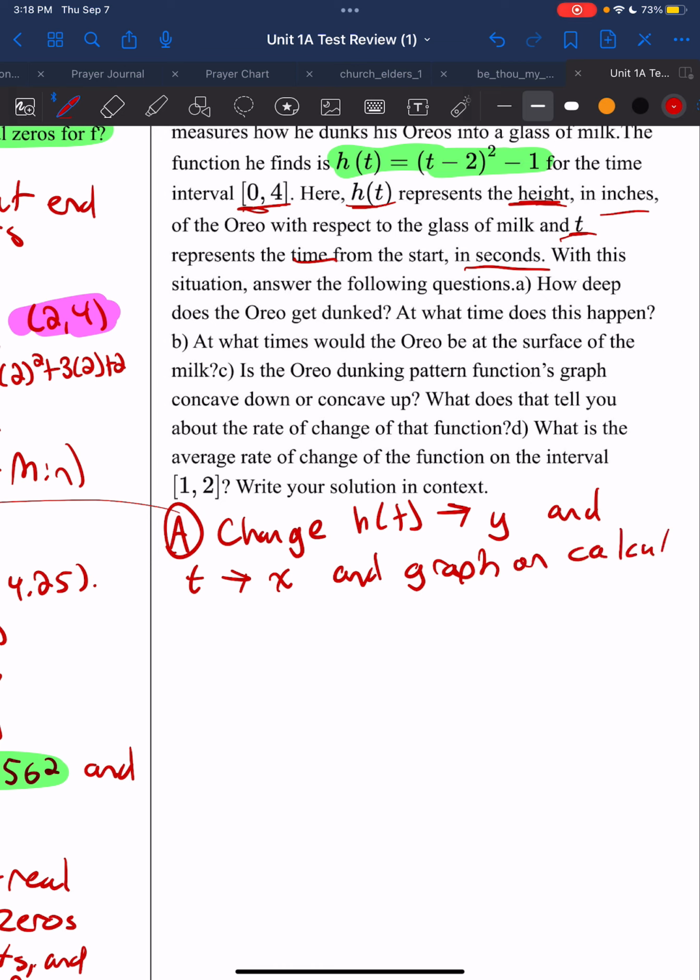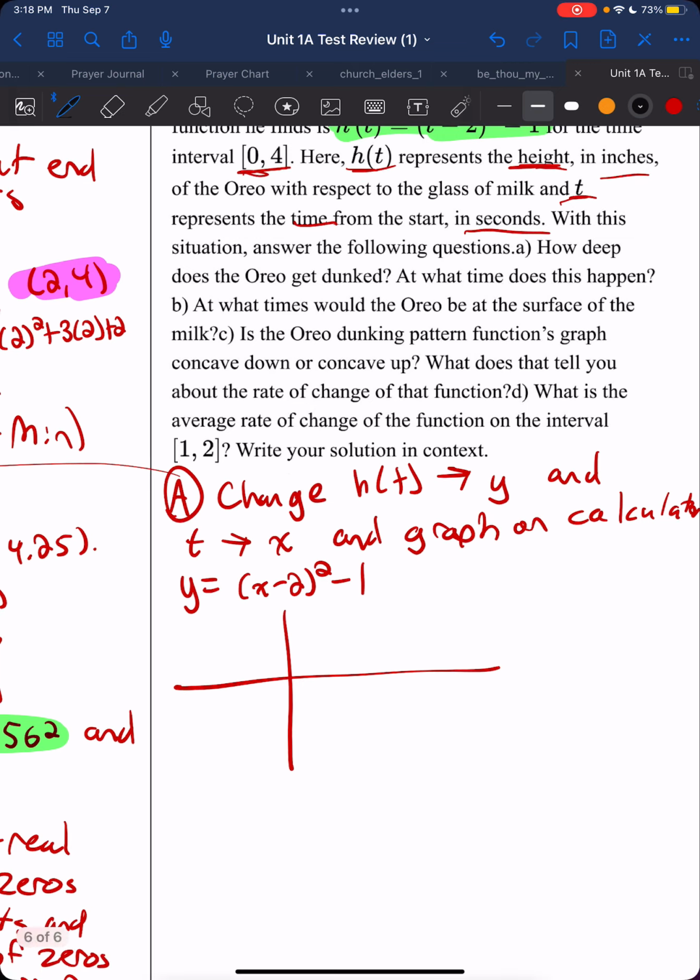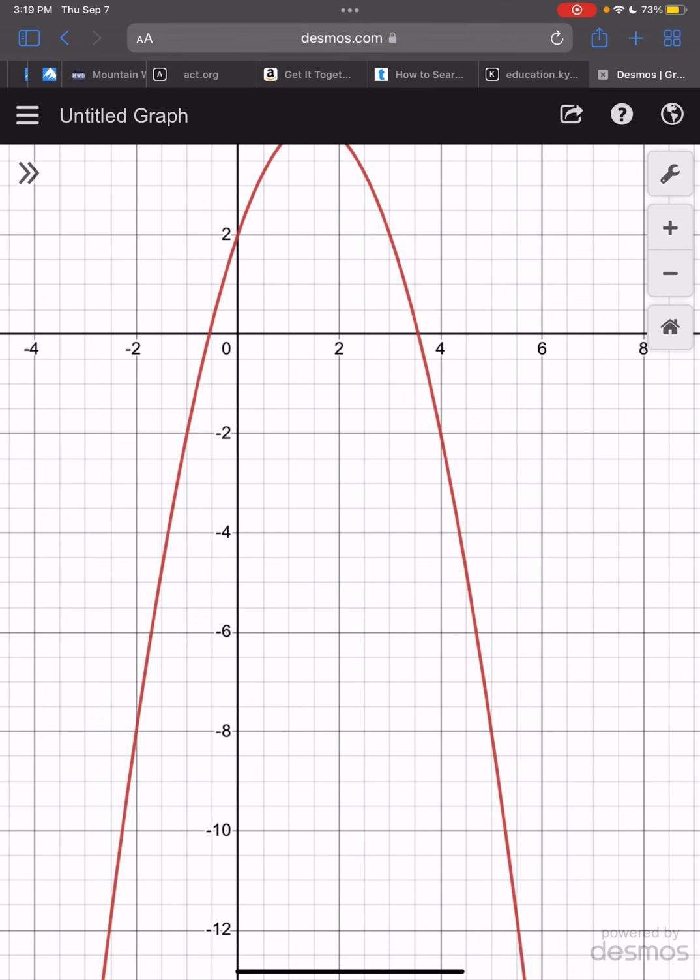Okay, I'm going to graph it on my calculator. So that becomes y equals (x minus 2) squared minus 1. If I graph that function on my calculator, I'm going to have something like this. You all type it into y equals. Let me do the math real quick, (x minus 2) squared minus 1. Let me make sure I get an accurate drawing.